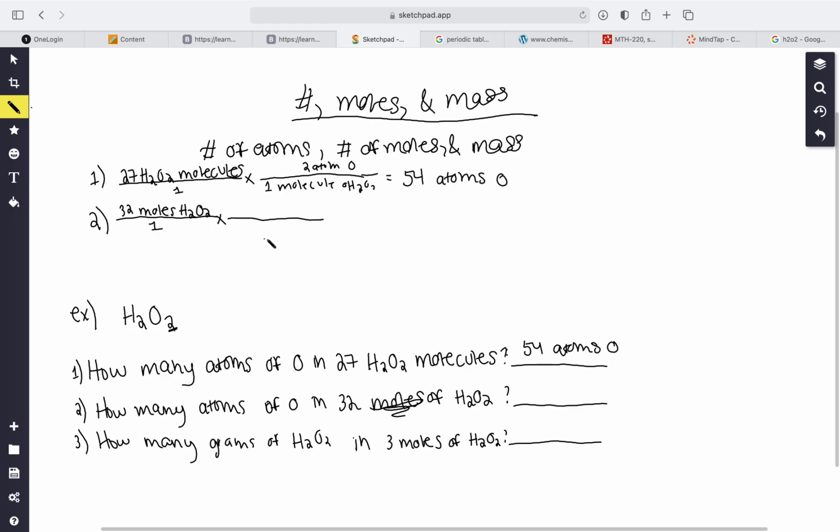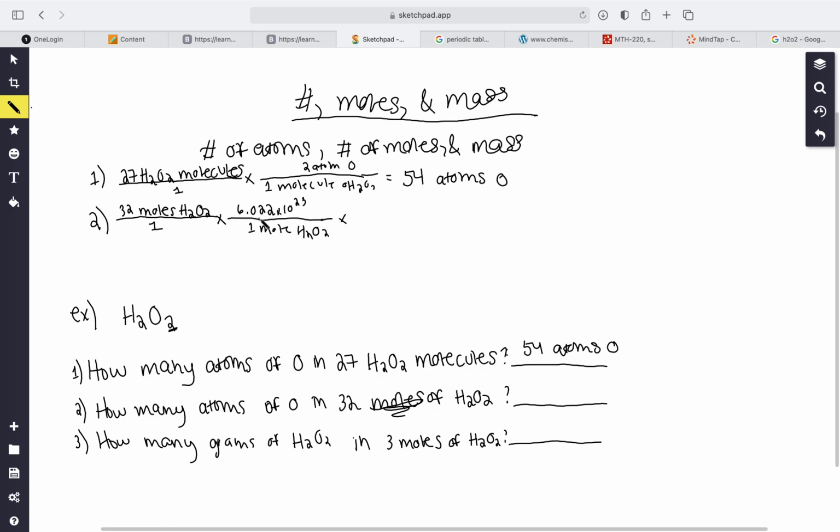And now what we want to get on top is atoms, right? So on the bottom, we want to cancel out moles. So we do 1 mole of H2O2. We're going to do molecules first, and then we'll go to atoms. So 1 mole of H2O2 is equal to 6.022 times 10 to the 23rd.